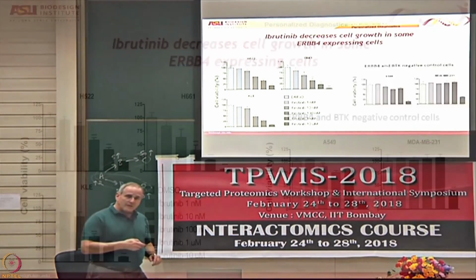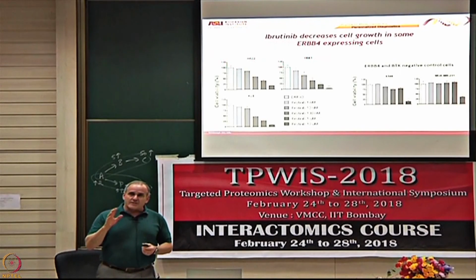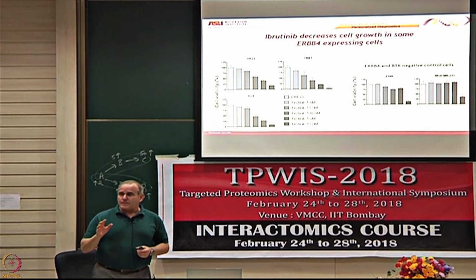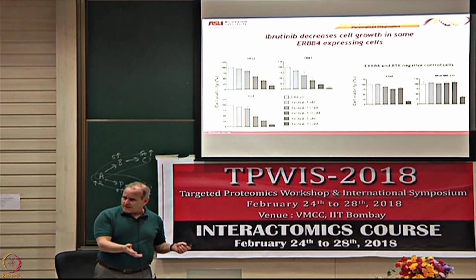Okay, and then we did a couple of key controls. We looked at cell lines that were either ERBB4 negative or BTK negative, and sure enough, neither of these cells were responsive to drug. Okay, so let's think a little bit about the ERBB4 pathway, because one of the first questions that comes to mind is, okay, maybe you've added a drug that you think you've shown inhibits ERBB4 on your protein array.